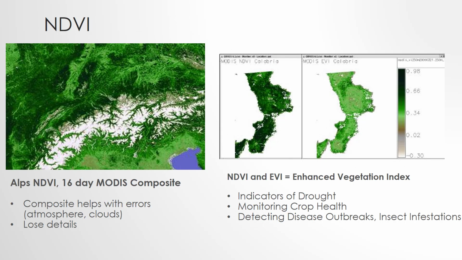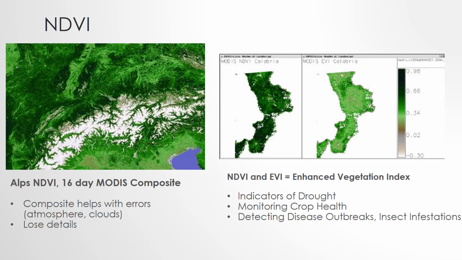This is an example of a MODIS composite taken from 16 days of images, and it is in the Alps. And the composite helps with errors. So in satellite images, you will have errors because of atmospheric gases, water vapor, etc., and clouds. And so the advantage of taking a composite of multiple days is that you reduce the overall error in your index analysis.